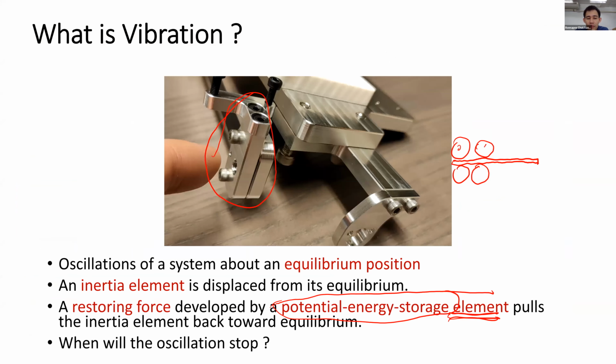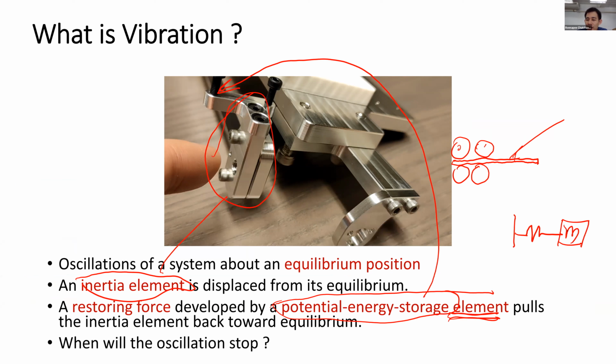In this system, of course, we have the inertia element, and the potential energy is stored in the leaf spring here. You may be familiar with the coil spring and mass. But in this system, the spring is a leaf spring, and the mass is the thing that is attached to the endpoint.